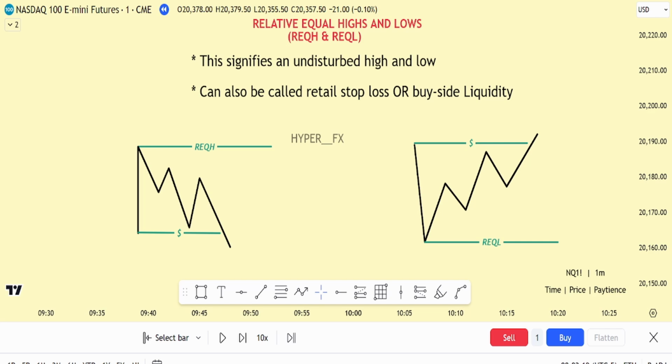What I'm going to show you happens on every time frame, so it doesn't matter whether you are looking at the chart from the 1 minute time frame or the 1 week time frame. Remember that price is fractal, and the fractality of price tells you that whatever happens on the lower time frame happens on the higher time frame.